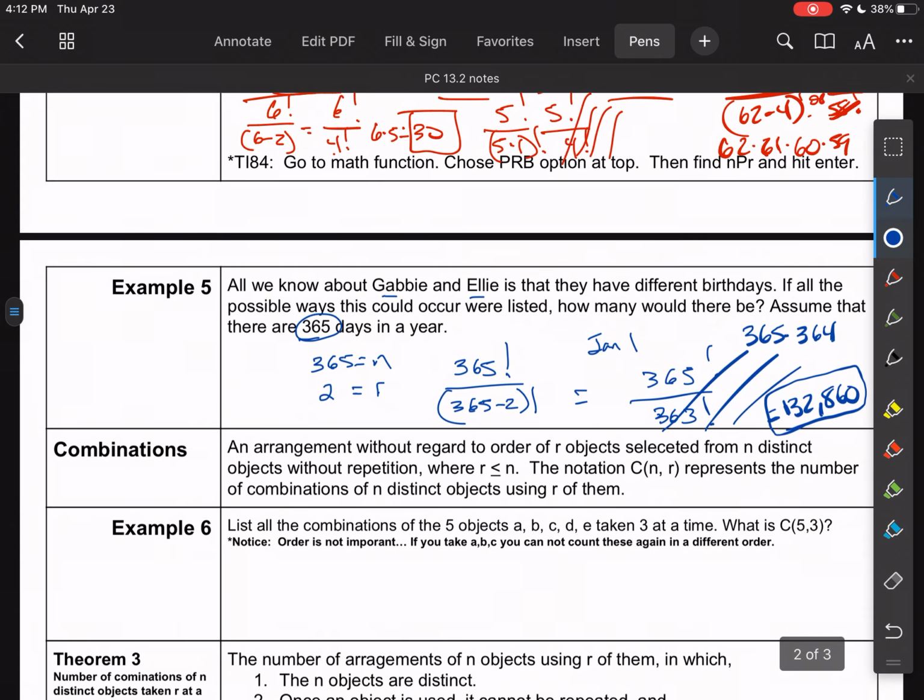So hopefully if you thought about that, or if you haven't, pause the video. But for Gabby, you'd have 365 possibilities, and then for Ellie, there would be 365 possibilities. You multiply the two together, and if there's a possibility that their birthdays are the same, it would just be whatever that comes out to. Not much different than the other, but definitely will add a little bit.